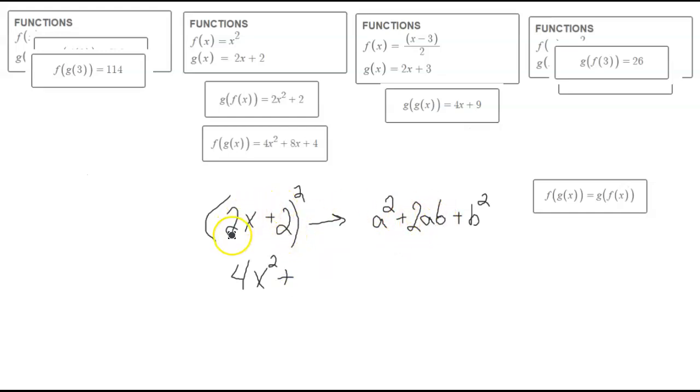So 4 times 2x is 4x times 2 is 8x. Then I'm going to do 2 squared, which is 4. And anytime you have a binomial squared, that's what you'll use.